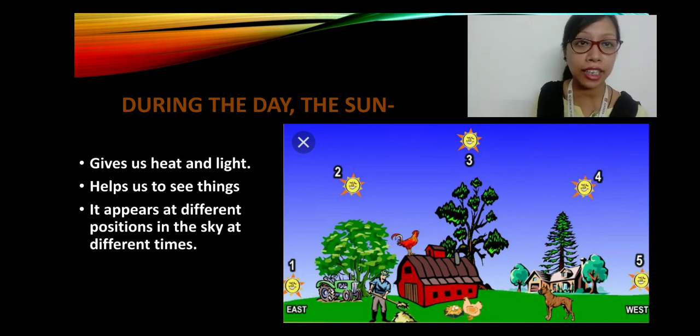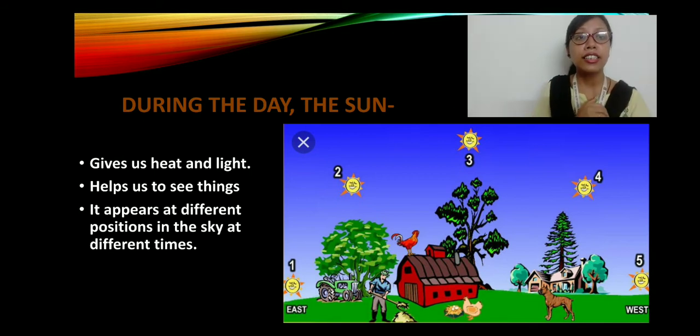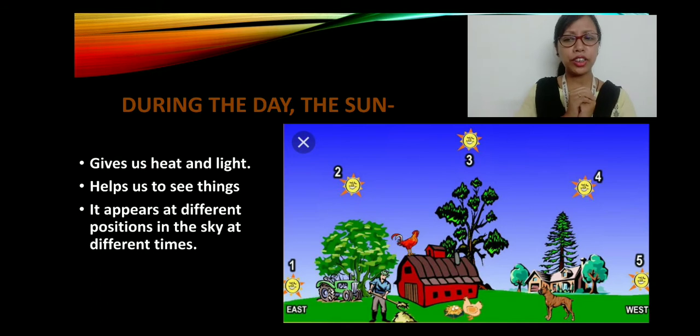During the day, the sun gives us heat and light. It also helps us to see things. Because the sun gives us so much light, we can see everything that surrounds us. But do you think when the night comes we can see? Suppose we don't have any lights, then what will happen? We will not be able to see anything.